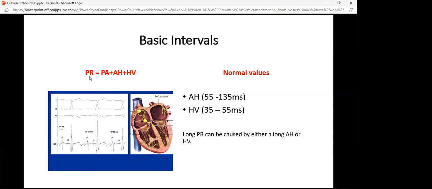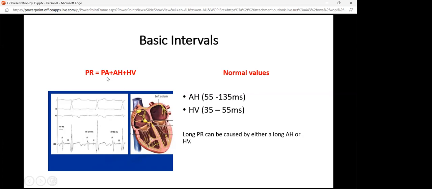We've all seen many people with first-degree heart block on an ECG, but not really understanding what is causing that first-degree heart block. Is it intraatrial conduction, maybe a long PA, or perhaps worst case, is it a long conduction through the HV interval?